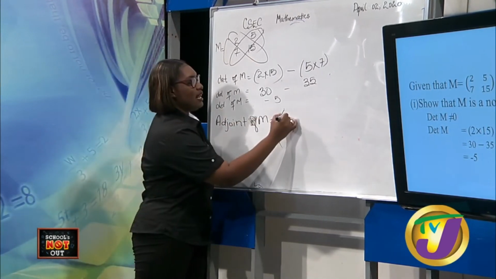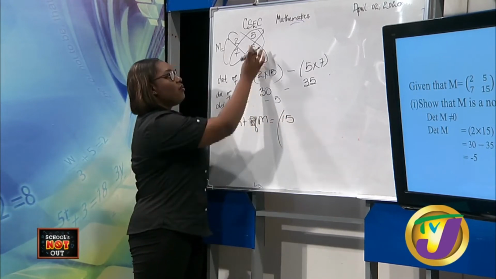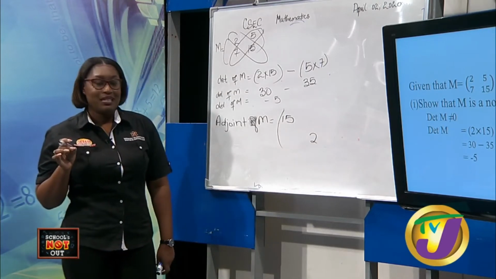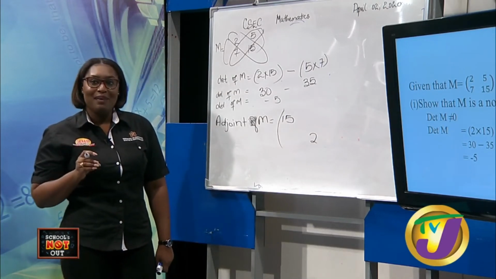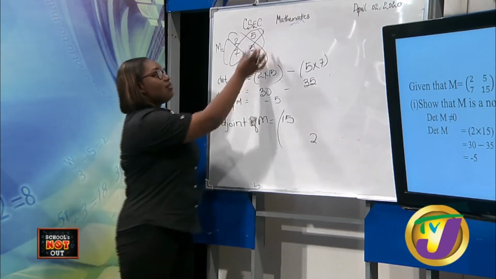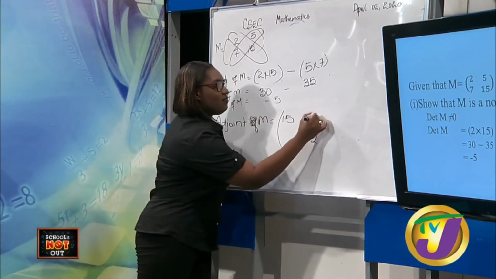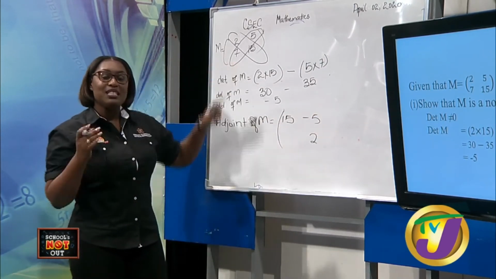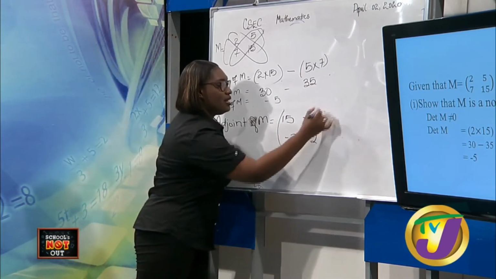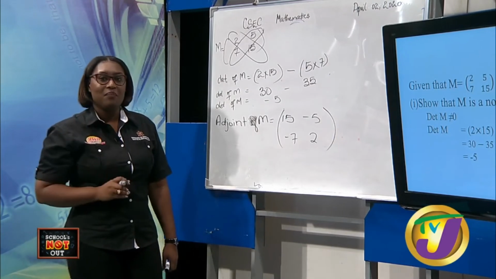Where 2 was, we place 15, and where 15 was, we put 2. Then we multiply the elements on the non-leading diagonal by negative 1. So 5 multiplied by negative 1 gives negative 5, and 7 multiplied by negative 1 gives negative 7. There we go, I've just written down the adjoint of matrix M.